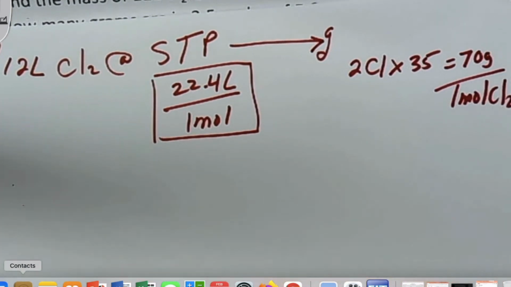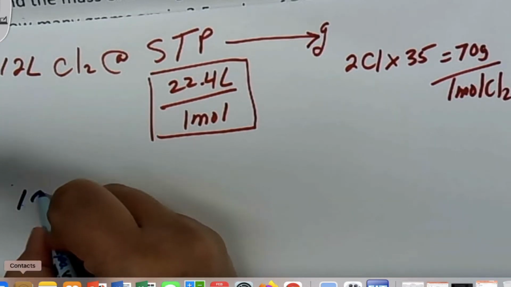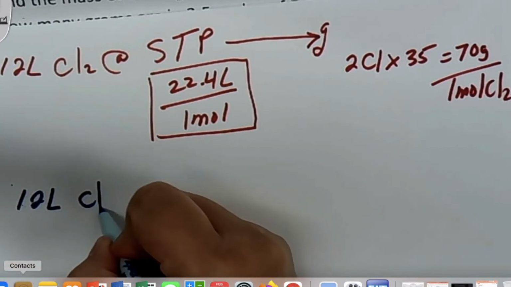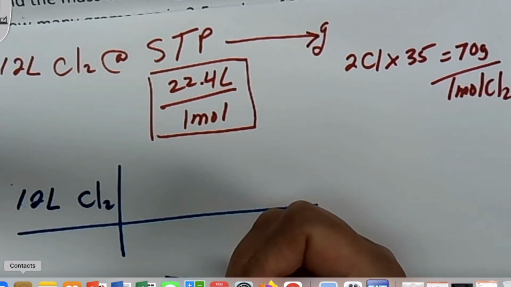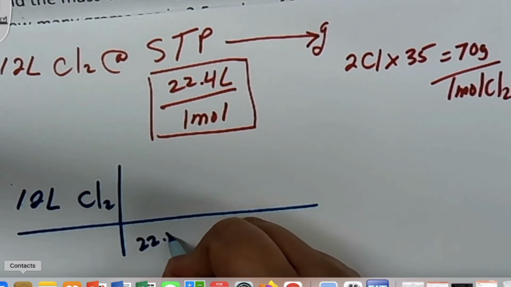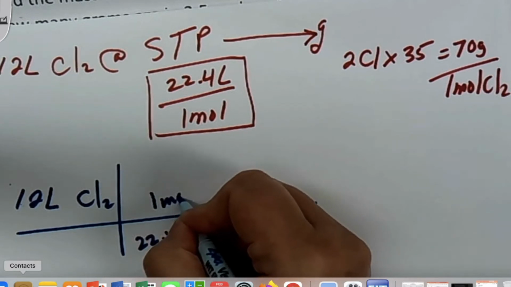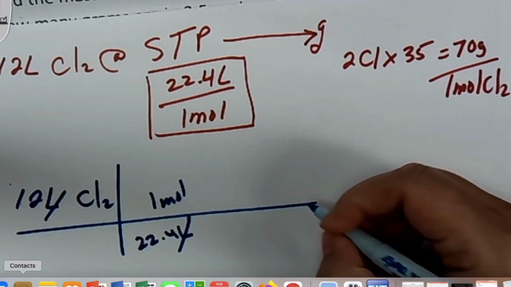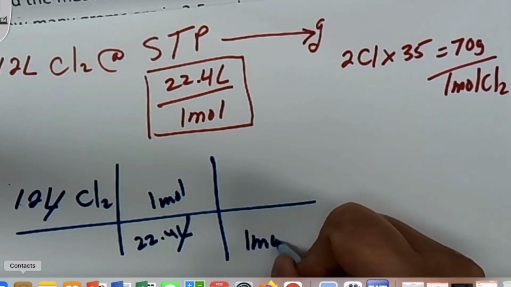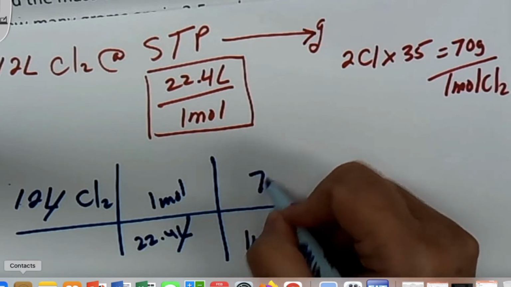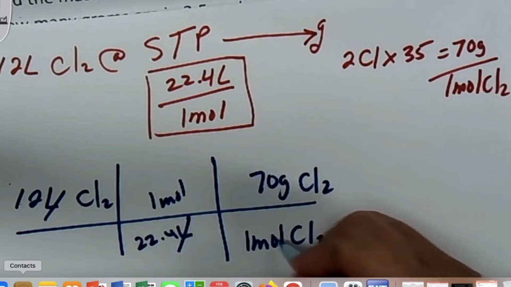We start with 12 liters of Cl2 for 22.4 liters per 1 mole, so liters cancel out. And for every 1 mole of Cl2, we have 70 grams of Cl2. Moles cancel out.